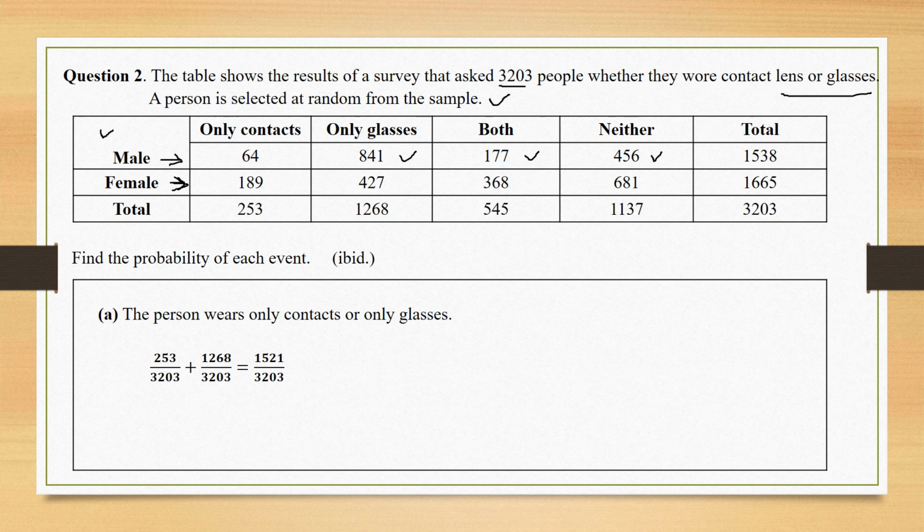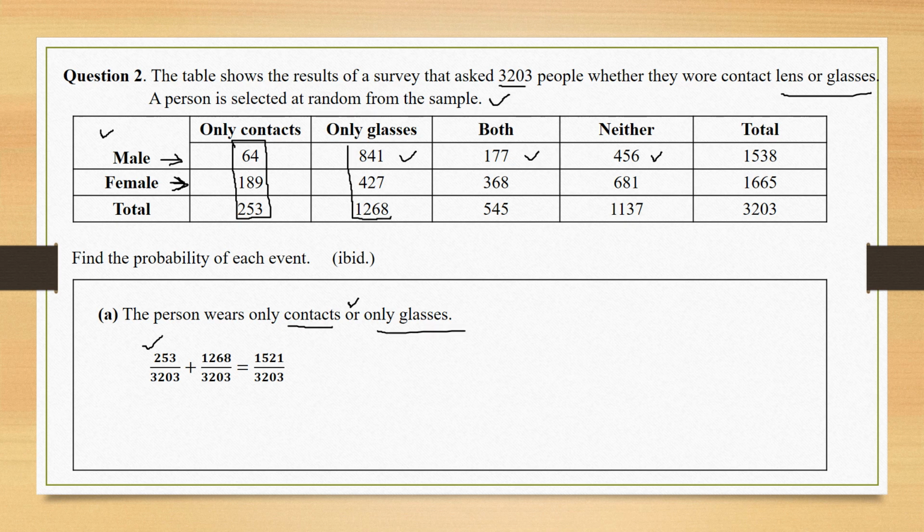Now my dear student, look at part A. The person wears only contacts. There is no differentiation between male and female students; they are just asking about those who wear only contacts. So the total number of students who wear contacts is 253, and for or I put a plus sign, and only glasses.